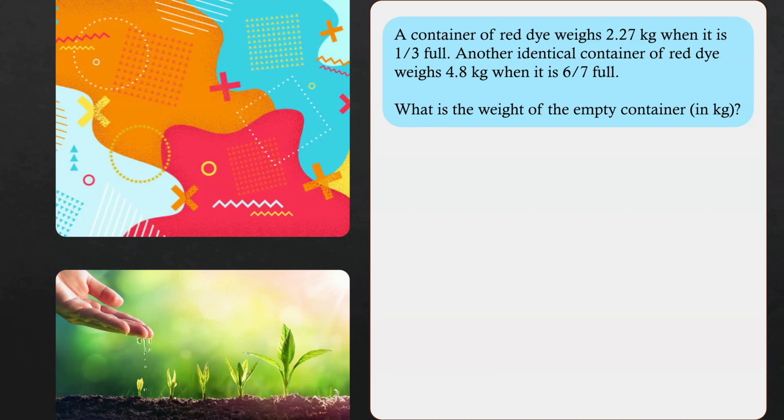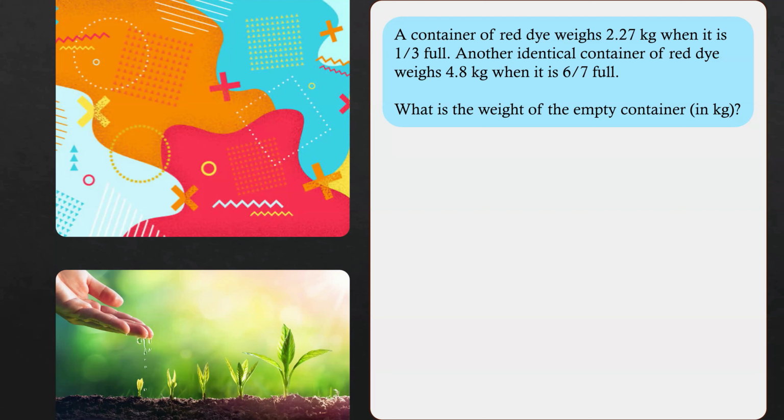What is the weight of the empty container? Now, you see, the writer of this question made it a little bit harder by giving you decimal numbers. All right. And the problem does not look really easy because you have to deal with fractions.